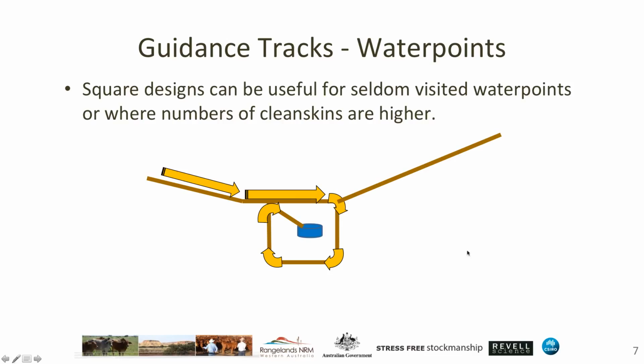So here is showing you a square set of guidance tracks that allow the human to pass the water point once, second parallel, third, fourth and fifth. And indeed, if you saw benefit and had time for increasing the number of parallel movements, then you can just work your way around that square multiple times if you so wish.